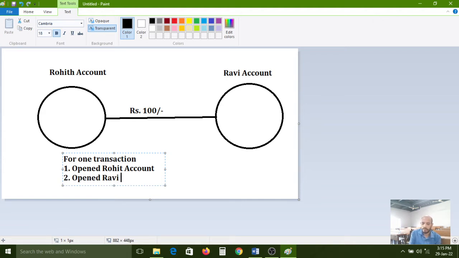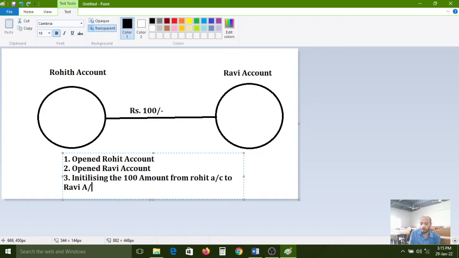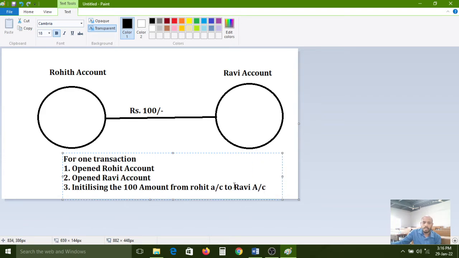The third one is initializing the 100 rupees amount from Rohit's account to Ravi's account. Got it?